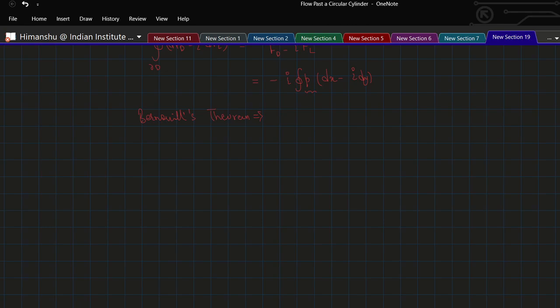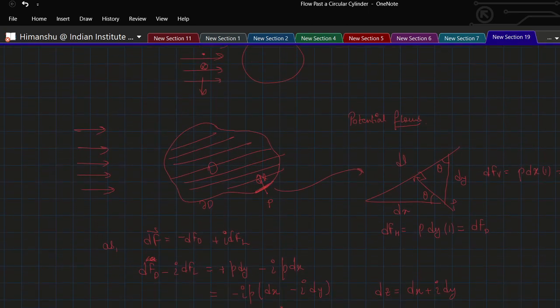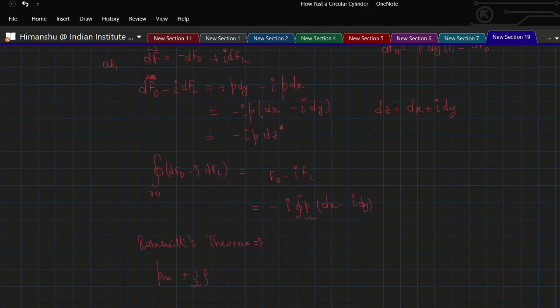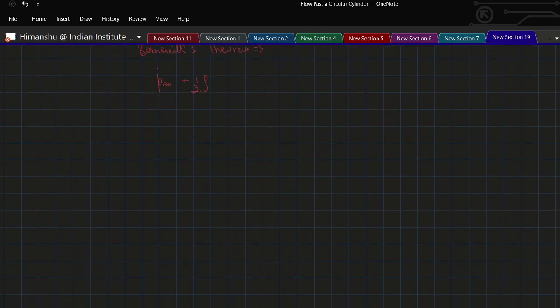For a particular streamline, between the point at infinity and the point of interest, it would be p infinity plus half rho U infinity squared equals p plus half rho V squared, where V is the velocity, which is u plus iota v.